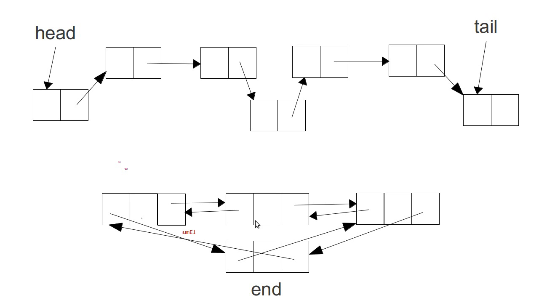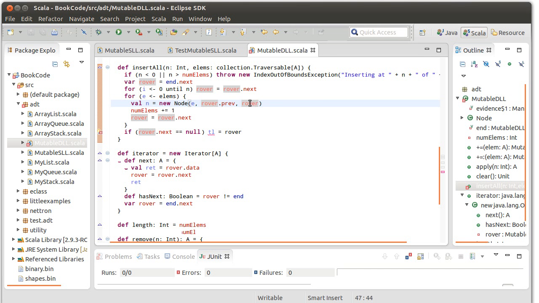Once again, I am inserting at rover, and I want to insert before this. I want to insert things that take over this index, so this is where the stuff will go, which means that I want to have an element that's in here, its previous points to the previous of the rover, and its next points to rover itself.